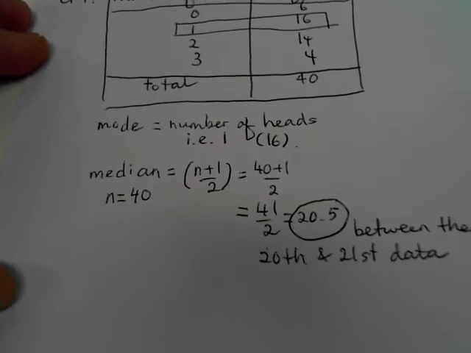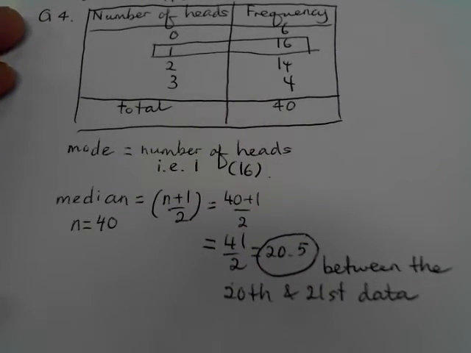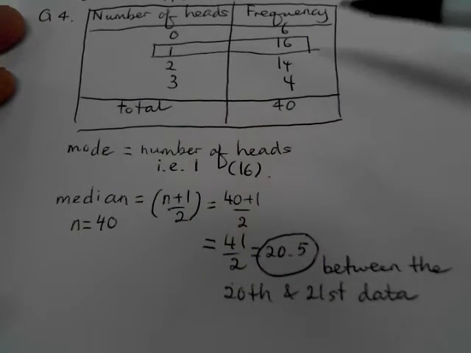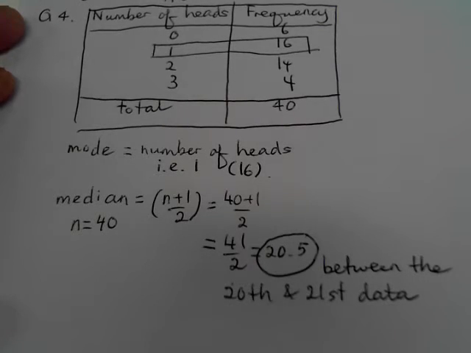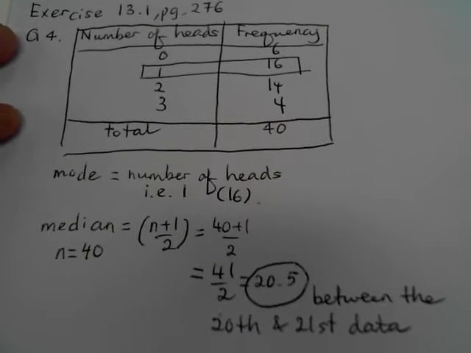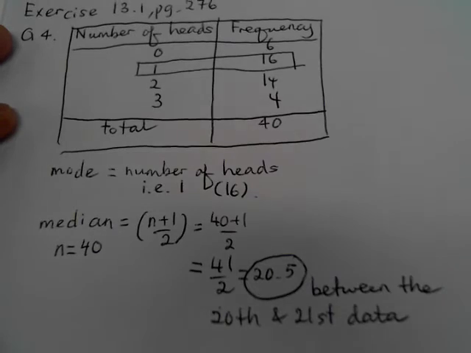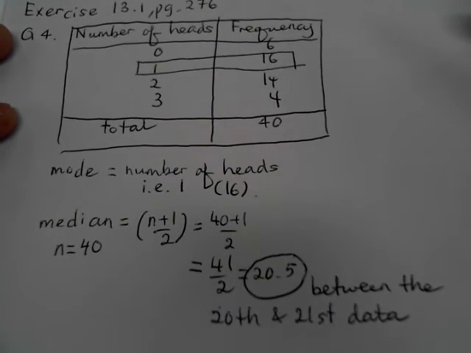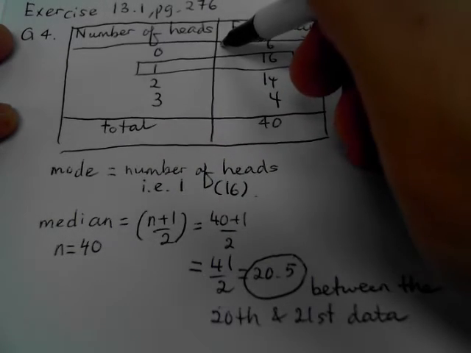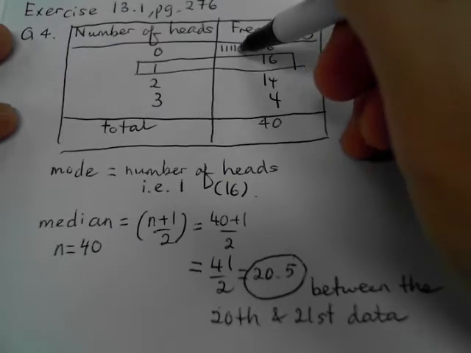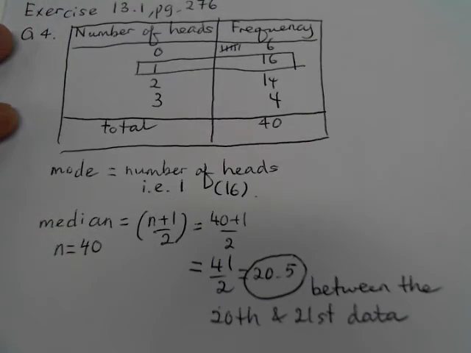So what do we do in this case? We know that the frequency is 6, 16, 14, and 4. How do you do that? What you have to do, very unfortunate, you have to do the tallying one by one. So here is 1, 2, 3, 4, 5, and then 6.